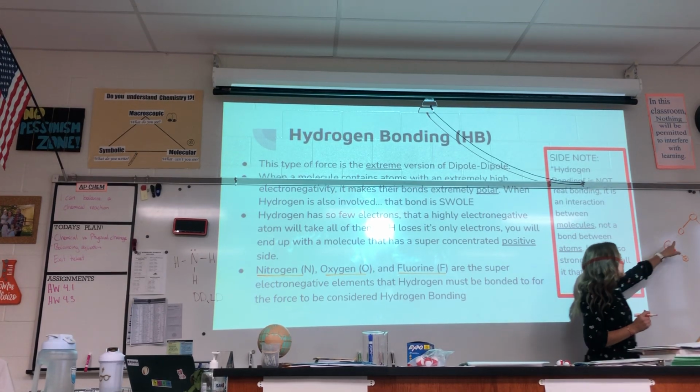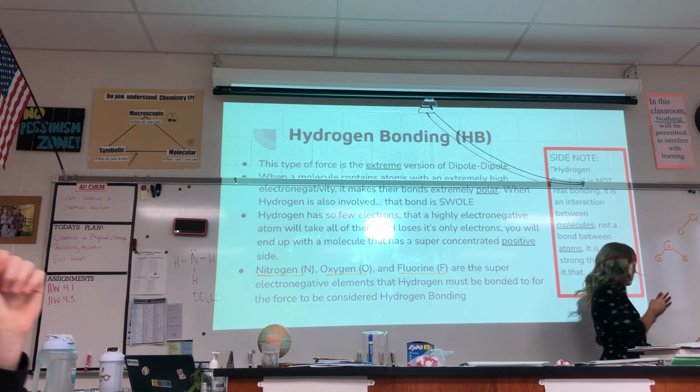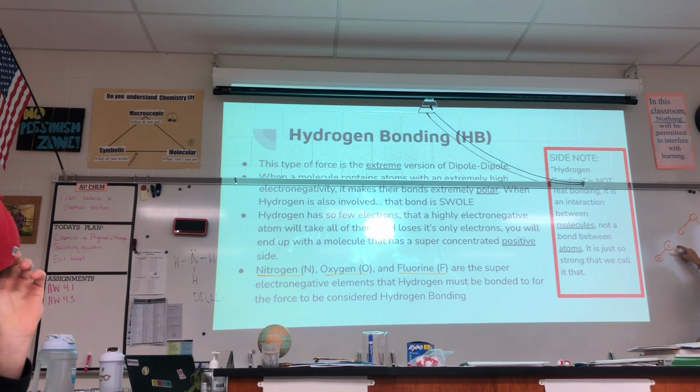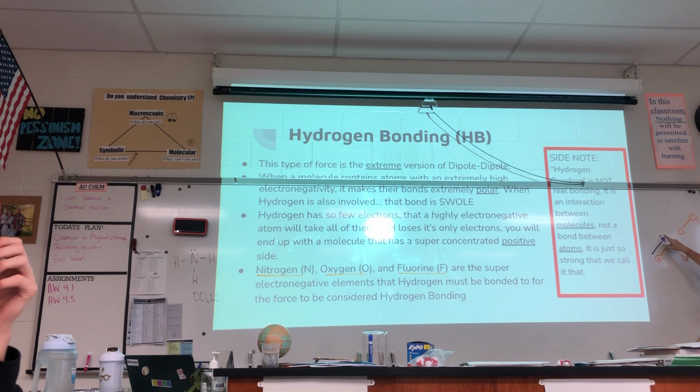Okay? So this right here is the hydrogen bond. Once again, the two things that are happening are, number one, the oxygen is pulling the electrons away from hydrogen, and so it's becoming very, very negative.